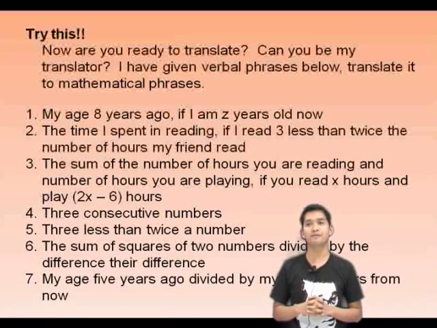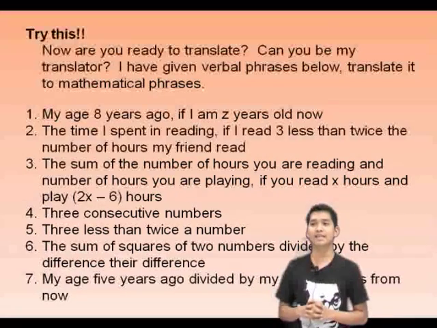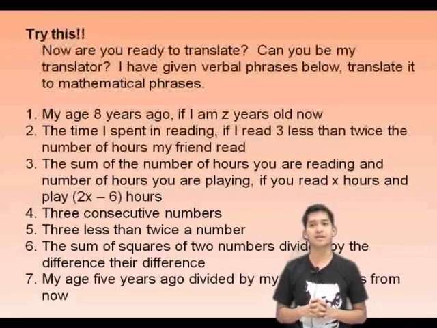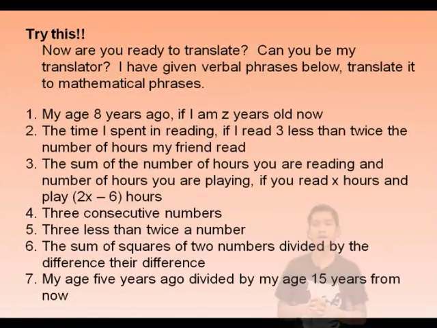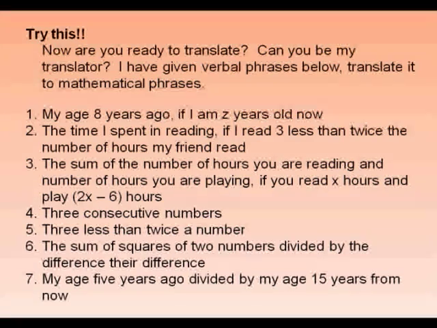And the sum of the number of hours you are reading and the number of hours you are playing if you read x hours and play 2x minus 6 hours. 3 consecutive numbers, 3 less than twice a number, and the sum of squares of 2 numbers divided by their difference. And then my age 5 years ago divided by my age 15 years from now.